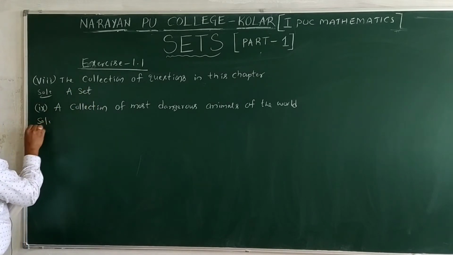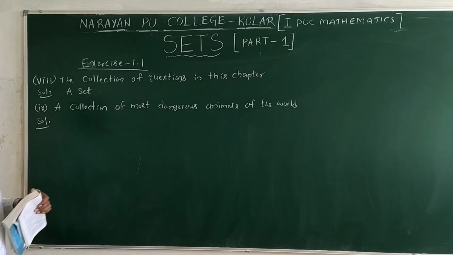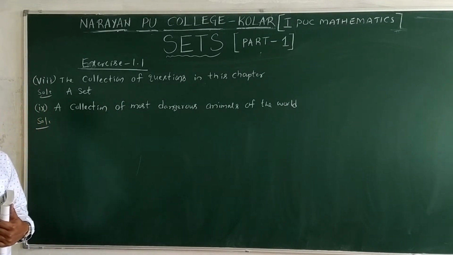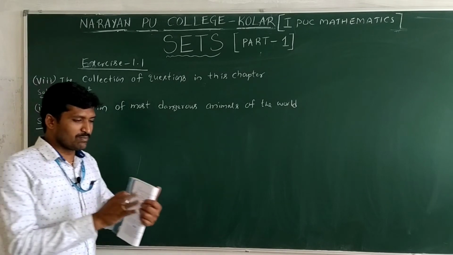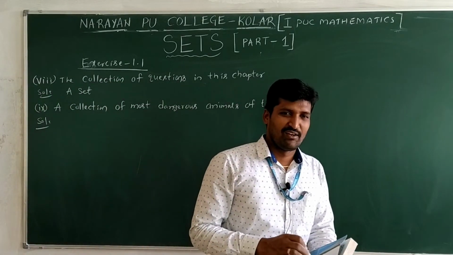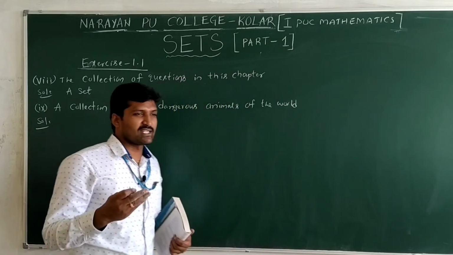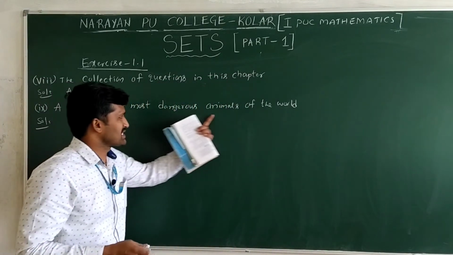Coming to the next, a collection of most dangerous animals of the world. Here it changes from person to person. For example, for one person a dog is a dangerous animal. For others, tiger, lion, like that. That's why this opinion changes from person to person and is not well defined.